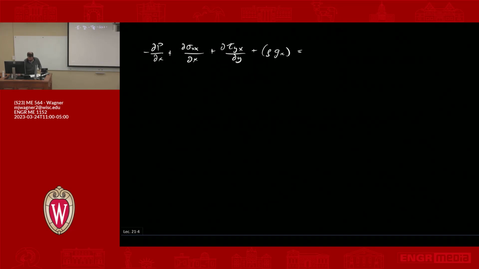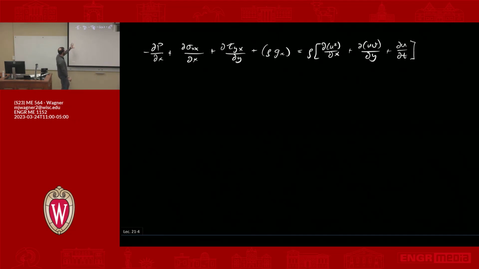And then on the right-hand side, that equals, we'll pull the density out for everything, and it's just density times a bunch of stuff, which is partial of u squared with respect to x plus partial of u times v with respect to y plus partial of u with respect to time. Hopefully that's right.